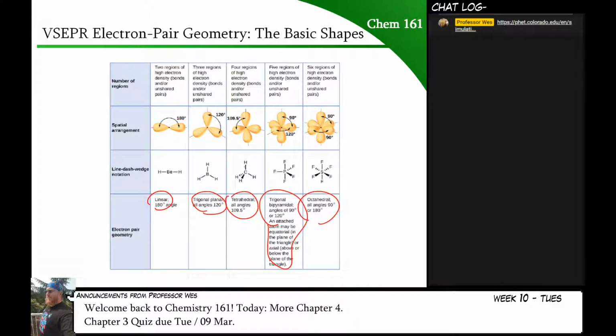Now you're going to notice that in 3D we start using these wedges. What the wedges indicate is that this thick wedge is coming out of the projection, and the thin wedge is going into or behind the projection.